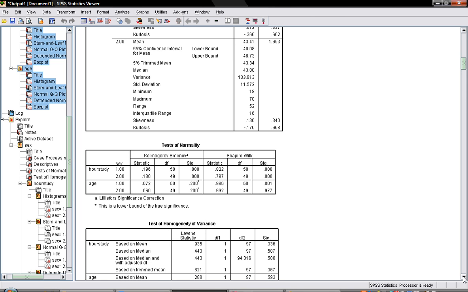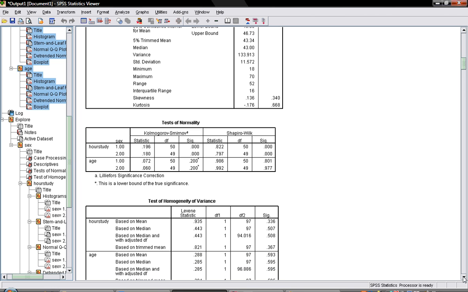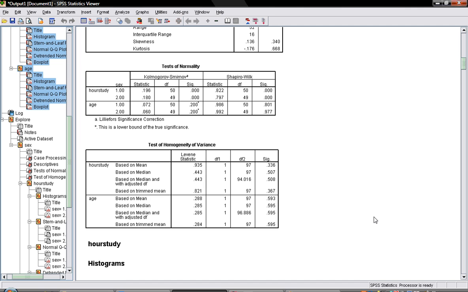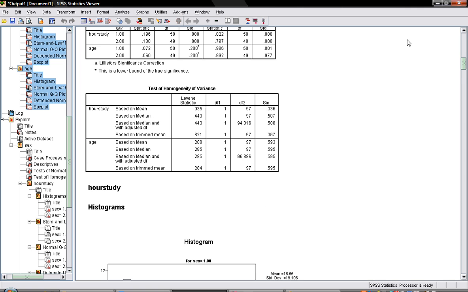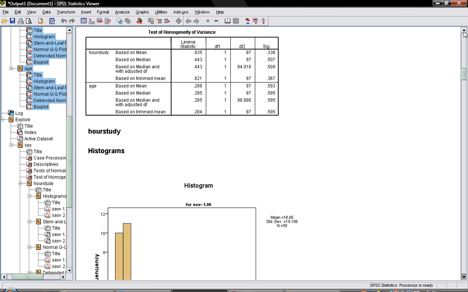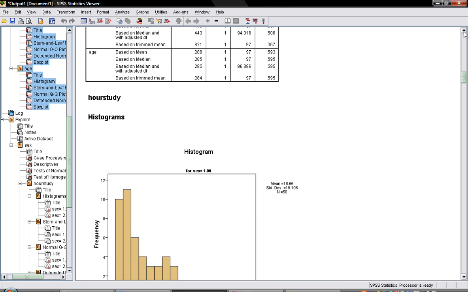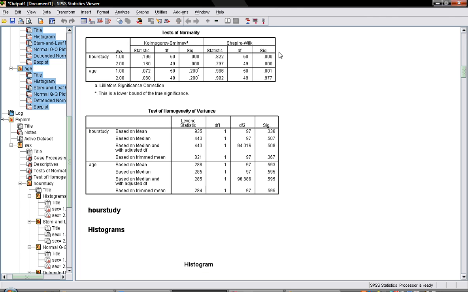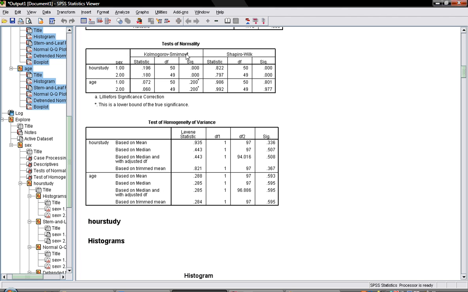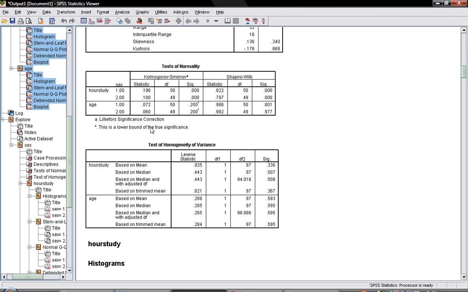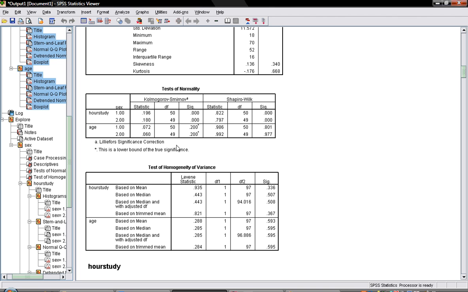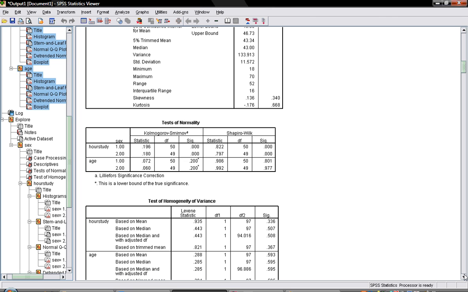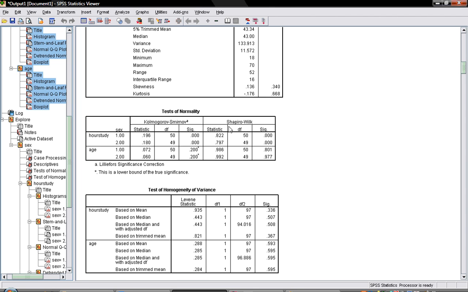Now there are two important tables here. The first one is the normality of distribution. We have Kolmogorov-Smirnov, and usually we count on it for large series of data, while the Shapiro-Wilk is for data less than 100.